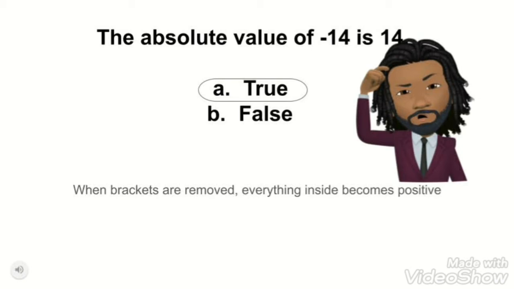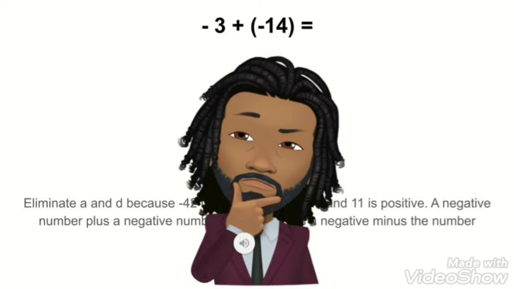It's not tangible. Okay, the next problem is negative 3 plus, in parentheses, a negative 14. So I have a negative 3 plus a negative 14. The easiest way to do that, you're looking at multiple choice, go ahead and eliminate whatever you feel doesn't belong with these answers.